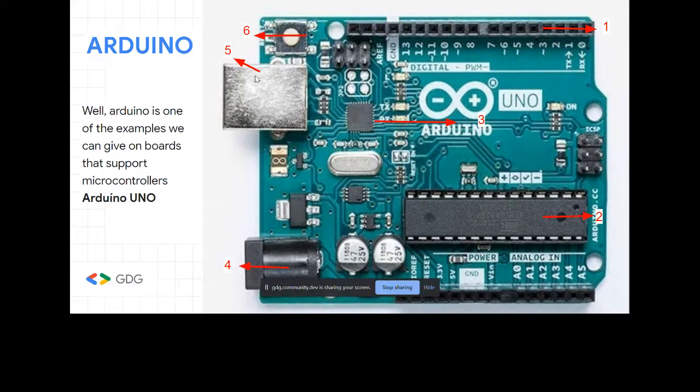If you're using a board like mine, the entrance is different: mine is micro USB, and this one is just USB. And number 6, a reset button. So this is the basic structure of an Arduino in case you didn't know.